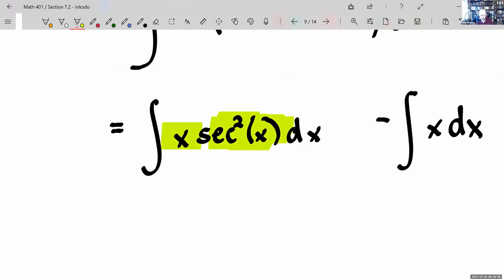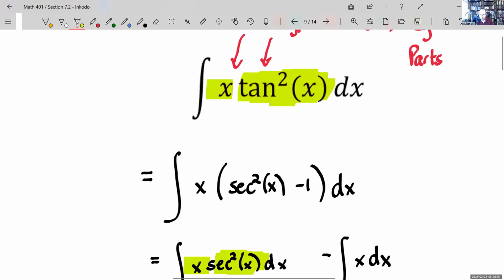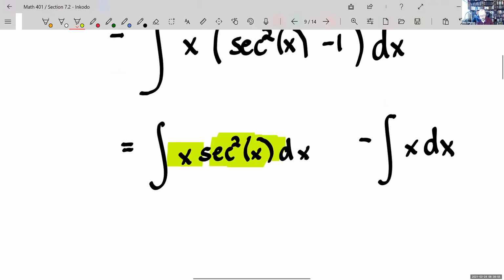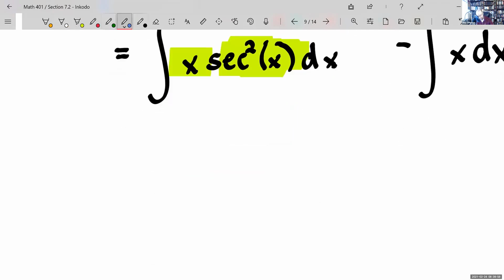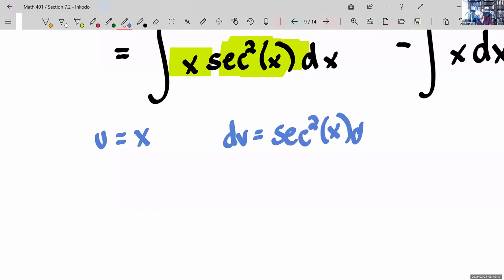Whereas in the original problem I couldn't integrate tangent squared, secant squared you totally can. So in blue ink, I'm going to let u equal x here, and dv, the piece I integrate, be secant squared of x dx. Well, du is going to be dx, and v is the antiderivative of the secant squared, which is a tangent.